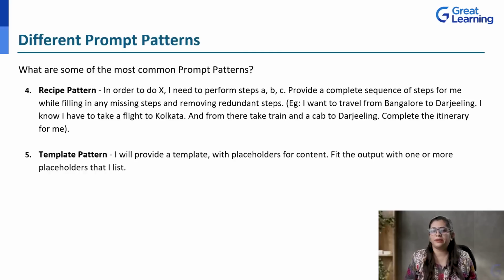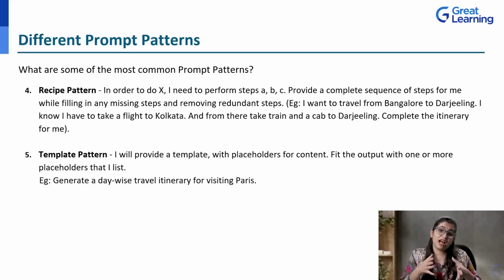Next is the template pattern, where I, as a user, provide the generative model with a template and placeholders, so that ChatGPT fits its output into those placeholders. For example, I want a day-wise travel itinerary.